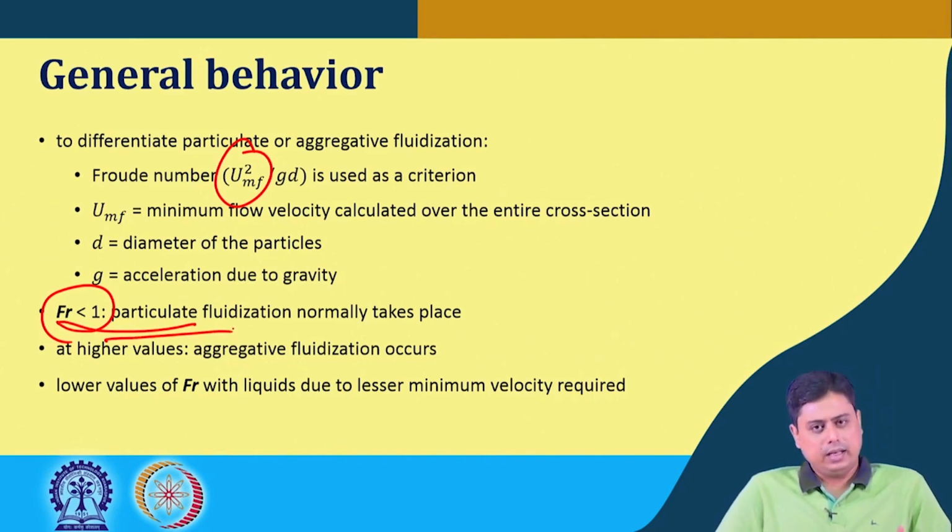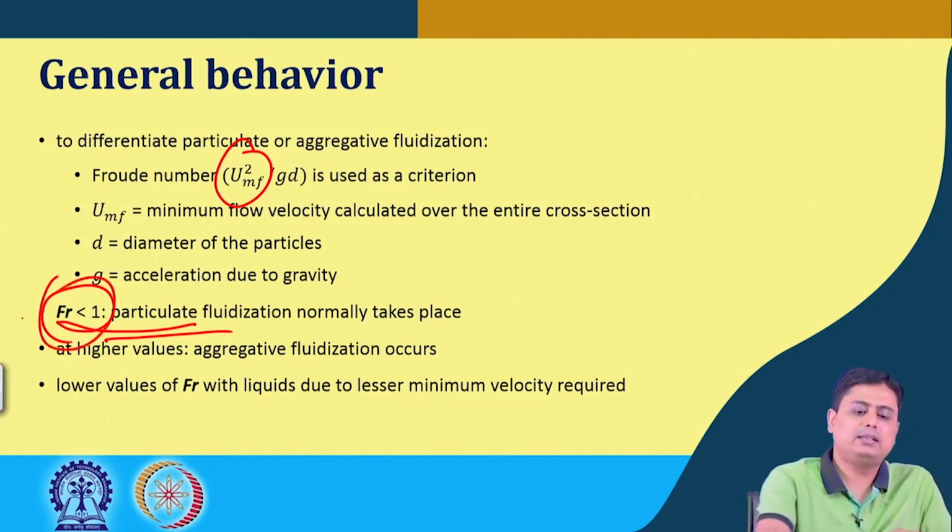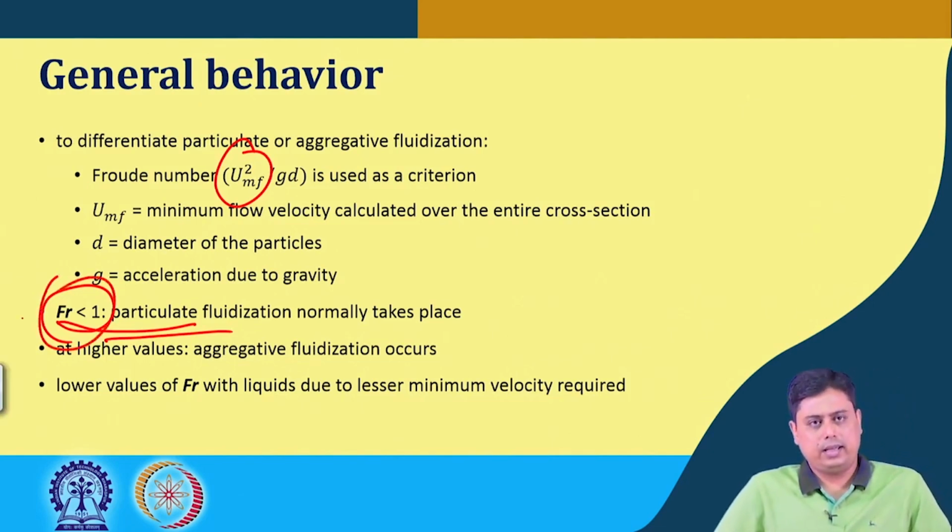As I said, in liquid-solid fluidization you require a lesser magnitude of minimum fluidization velocity than in gas-solid fluidization, and then this Froude number less than 1 can be achieved more easily than in gas-solid fluidization, and that is why we relate particulate fluidization with liquid-solid and aggregative fluidization with gas-solid systems.